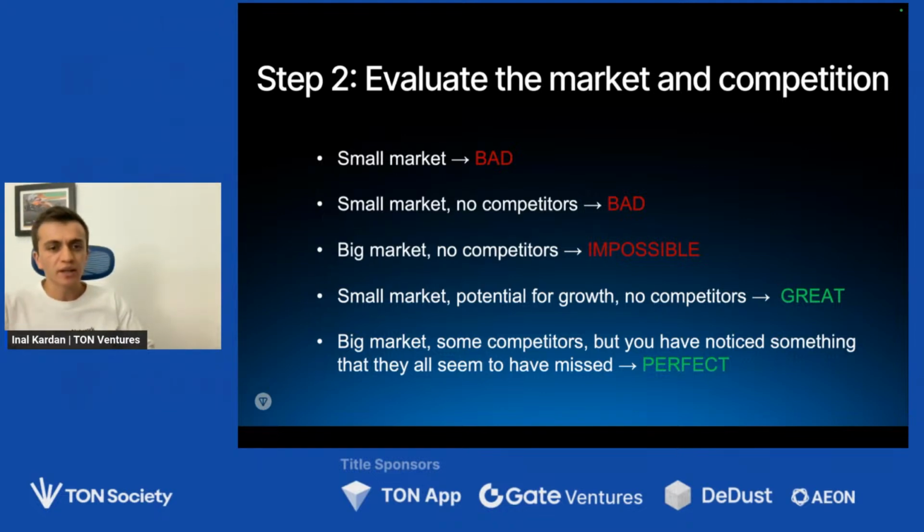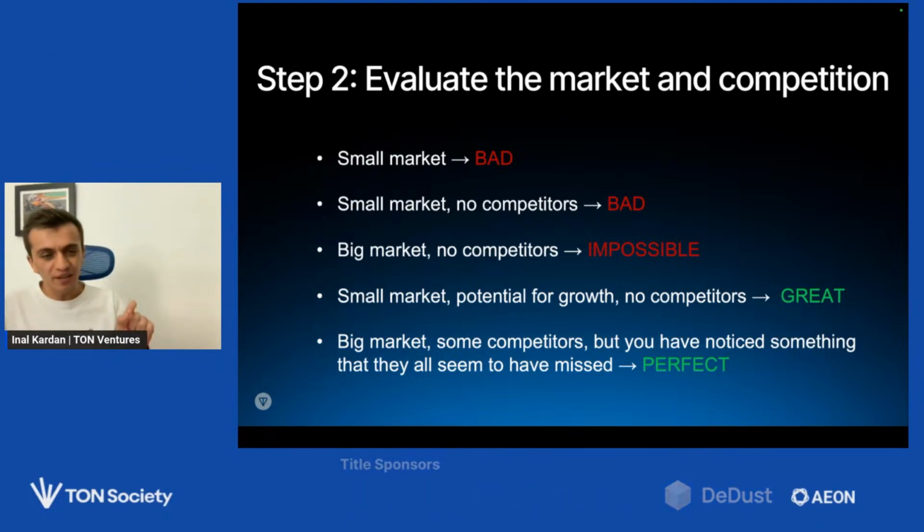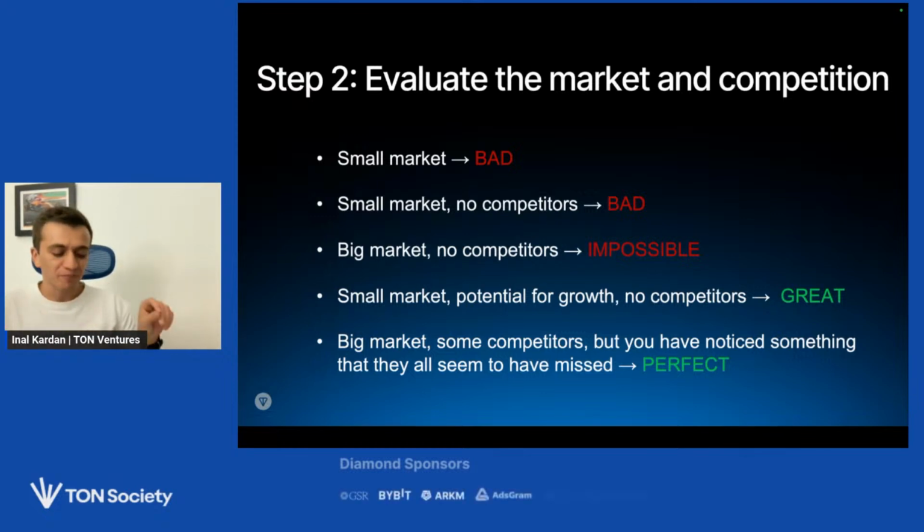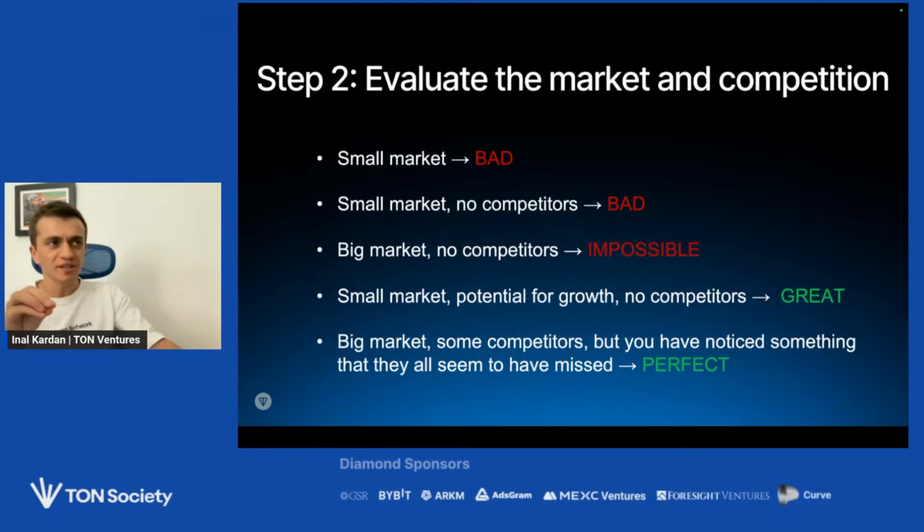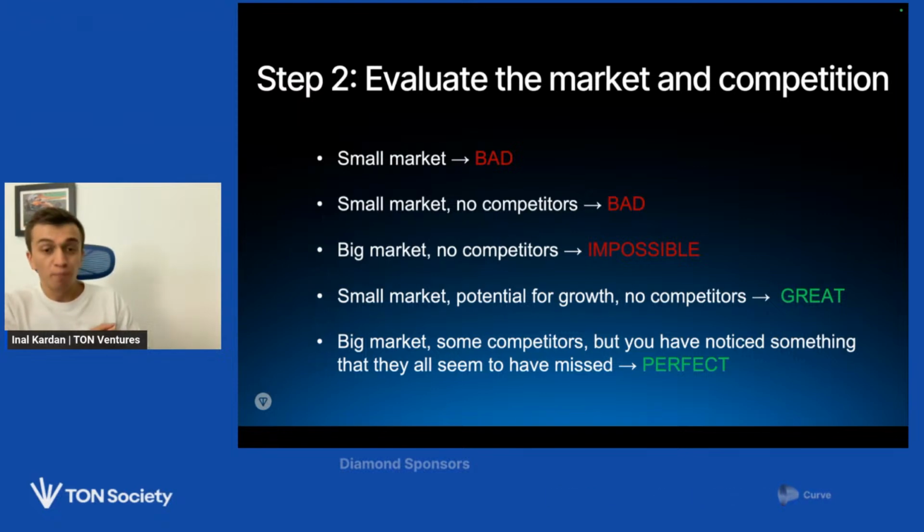Next, a big market, some competitors, but you have noticed something that they all seem to have missed. This is the perfect case again, but it is quite a rare case. It's already a big market, big competitors exist on the market, but you have noticed something that others missed. A traditional example of it is Dropbox.